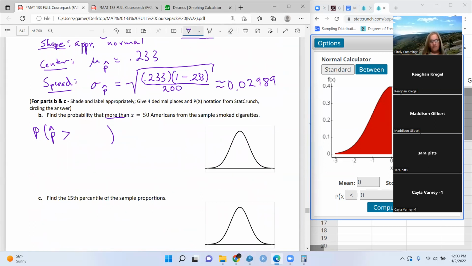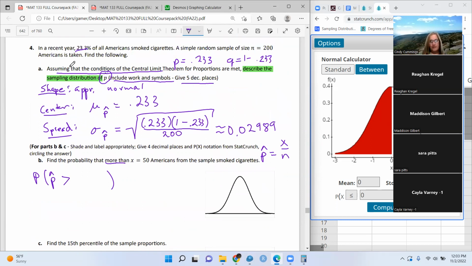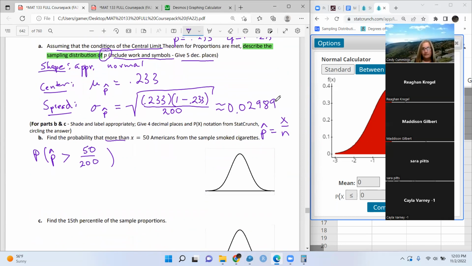You're on the right track. You just got to put it all together. It's X over N. So what's our N in this scenario? 200. Nailed it. So 50 over 200. And you can leave it just like that. That's what's kind of cool about this.